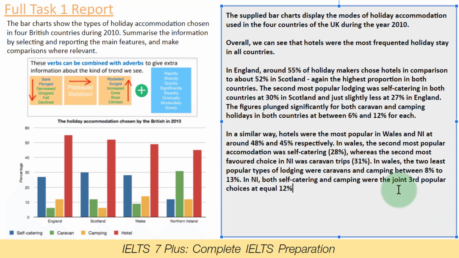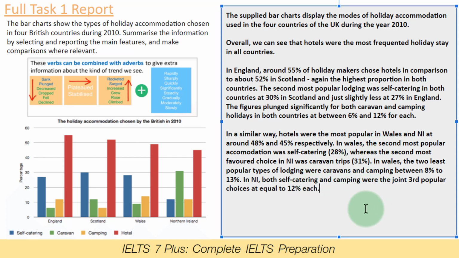Let's just rewrite this a little bit. In Northern Ireland, both self-catering and camping were the joint third popular choices at equal to 12% each. Okay, so just sped up a little bit for the last two sentences.